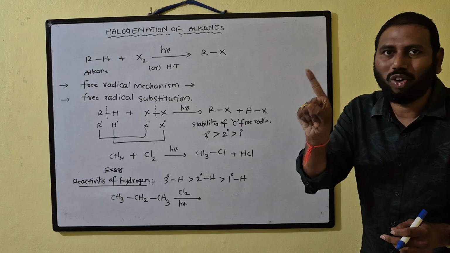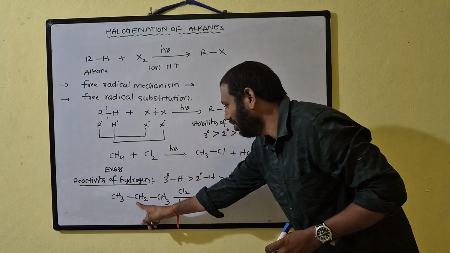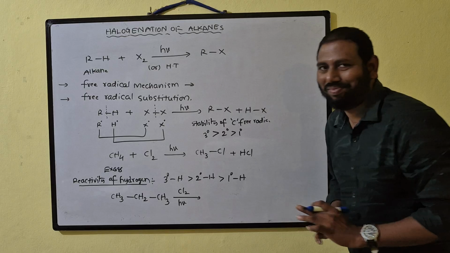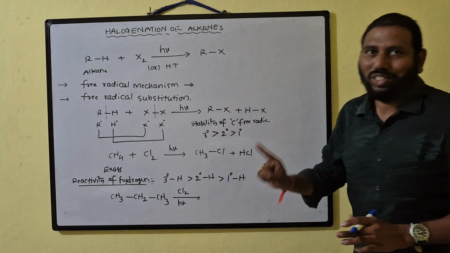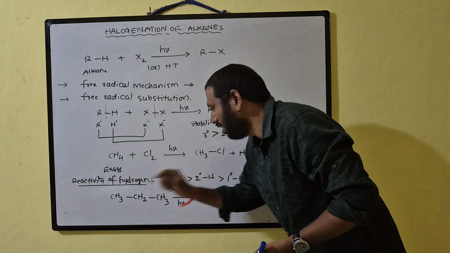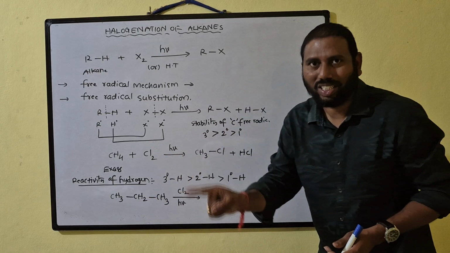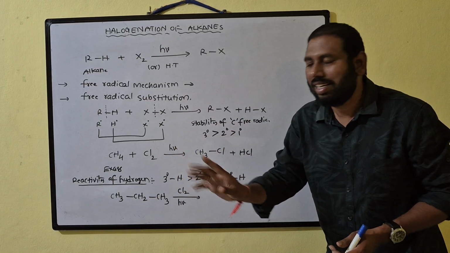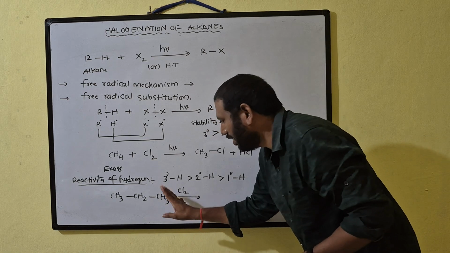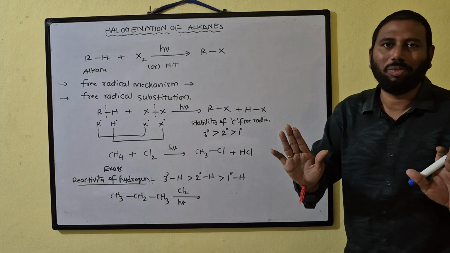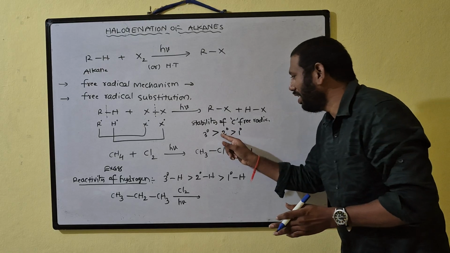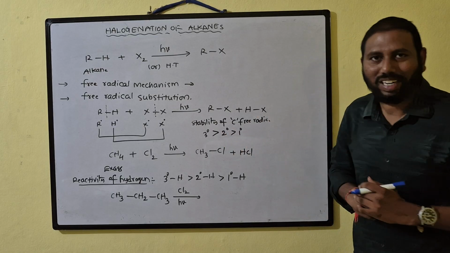Which hydrogens are more reactive? Here 2 degree hydrogen is more reactive than 1 degree hydrogen. Hence substitution takes place at 2 degree carbon. Substitution at 2 degree carbon forms a 2 degree carbon free radical, while substitution at 1 degree carbon forms a 1 degree carbon free radical. 2 degree carbon free radical is more stable than 1 degree carbon free radical.